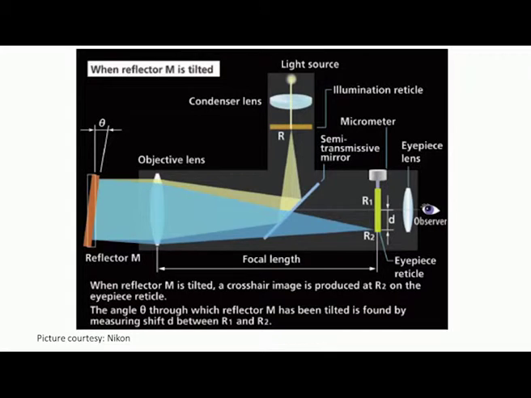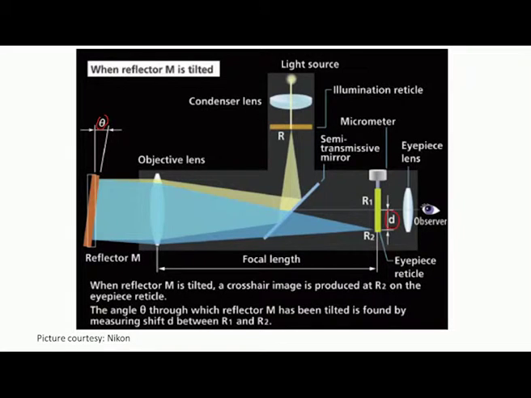The light will fall on the reflector, and if there is some inclination theta, then reflected light will move back and it will fall at this position. So, this distance between R1 and R2, that is distance d, can be read using the eyepiece, and the light source is placed here.